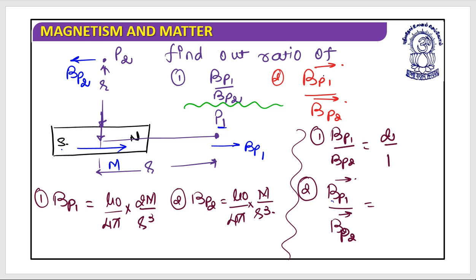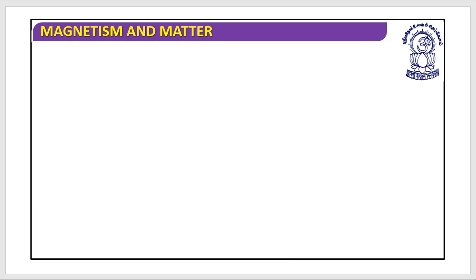So if I take a ratio of these two, this would be minus 2 is to 1. Is it clear? Are you sure? Yes. Great. Now let's work on the next question.